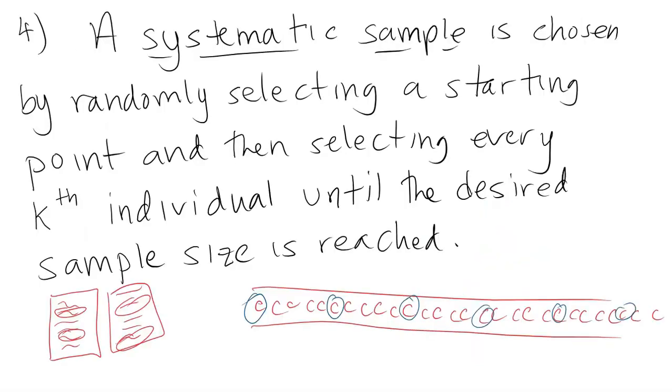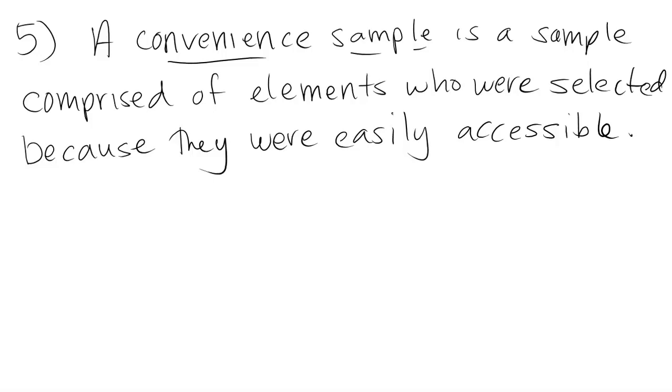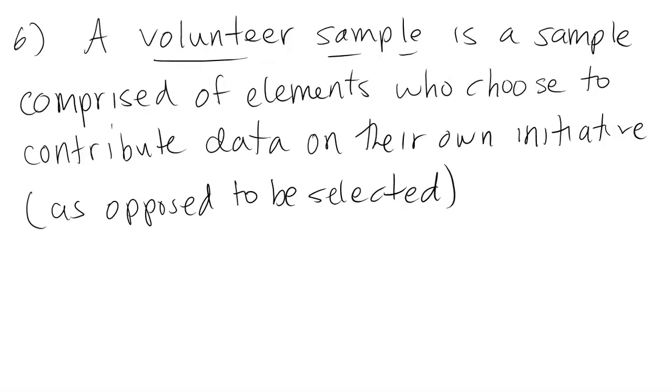A systematic sample is created by first choosing some element at random and then selecting every kth element from then on. A convenient sample is a sample where you just select individuals who are easy to get to. And a volunteer sample is a sample where you don't choose anybody, but rather you put something out there and then people choose to contribute their data. Let's go through some examples.